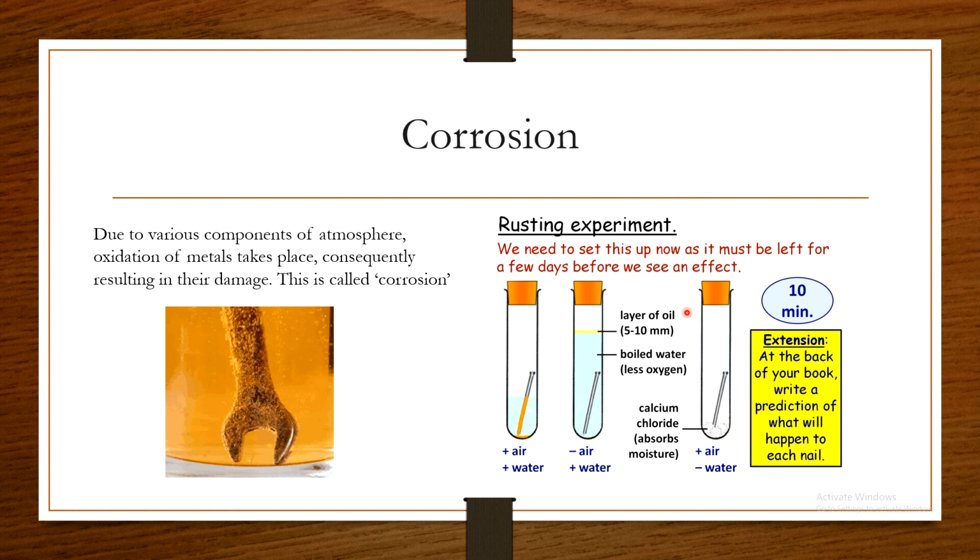Now in this rusting experiment, we are taking three test tubes with an iron nail in each. In the first test tube there is air and water.